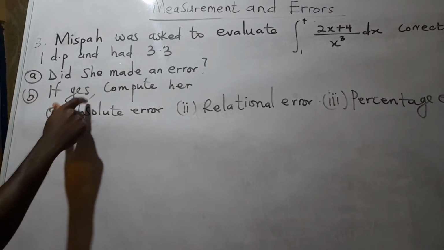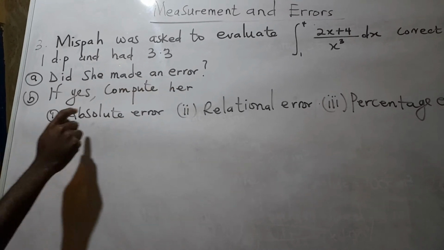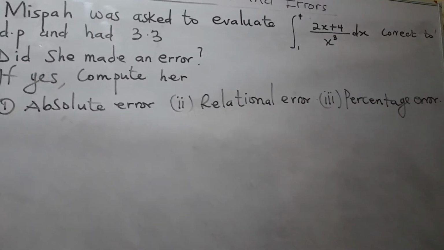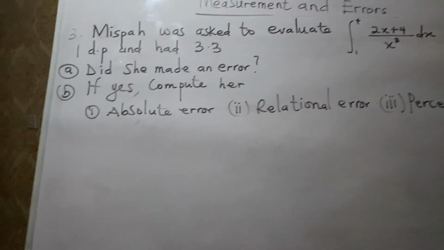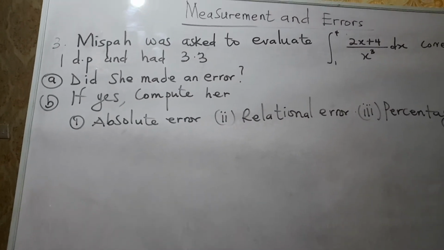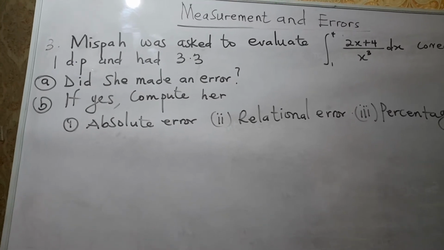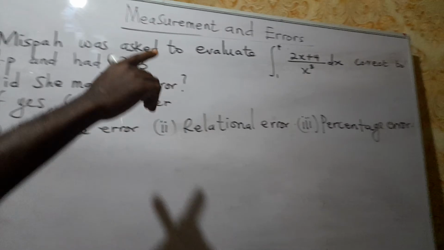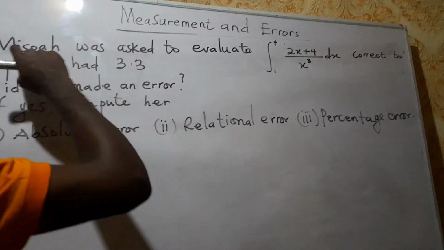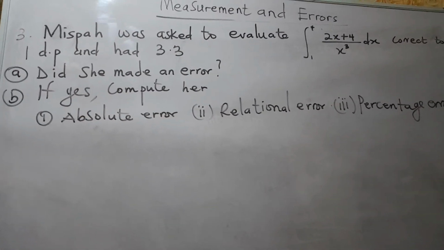If yes, compute her absolute error, relational error, then the percentage error. Remember I told you that anytime the measured value is different from the actual value, then there is an error. So let's compute this ourselves to see if Miss Pa made an error.